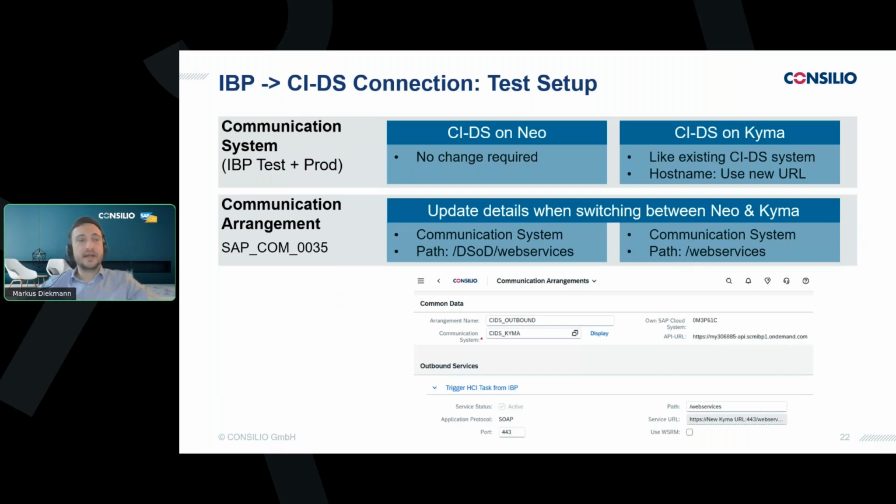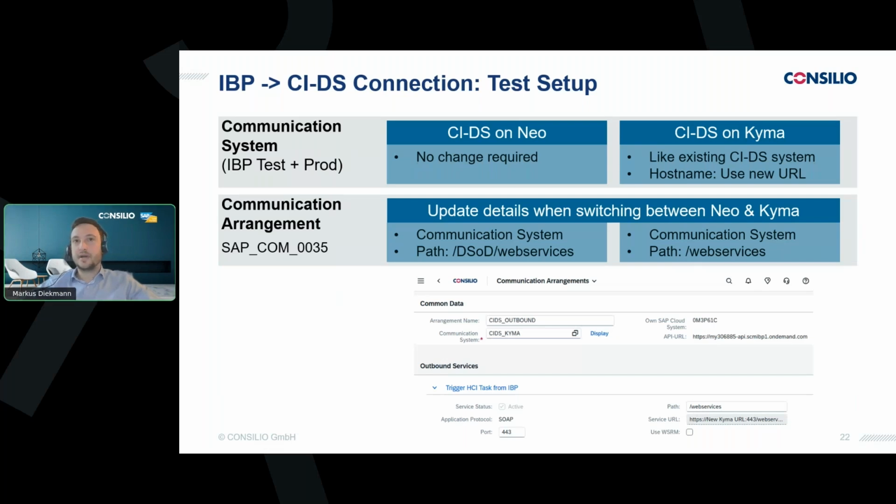And for the communication arrangement, it is a bit more difficult than for the communication system, as we cannot create two of the same communication arrangement. So we have to update the current communication arrangement, and then we have to switch it between Neo and Kyma based on whether we are developing new tasks in the Neo sandbox or validating in the Kyma environment.